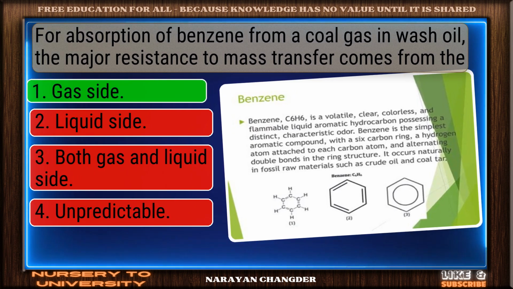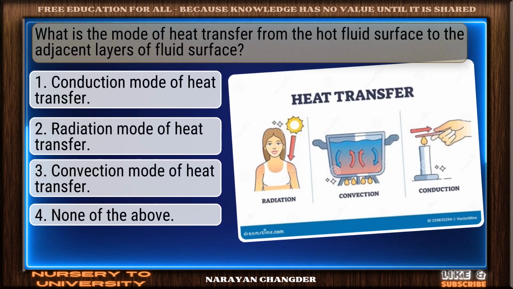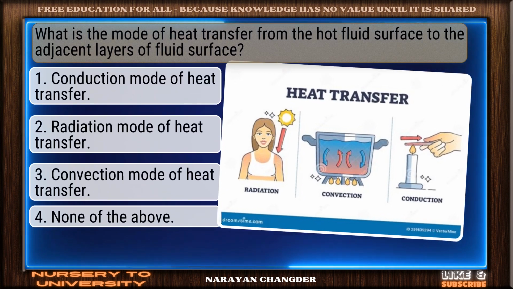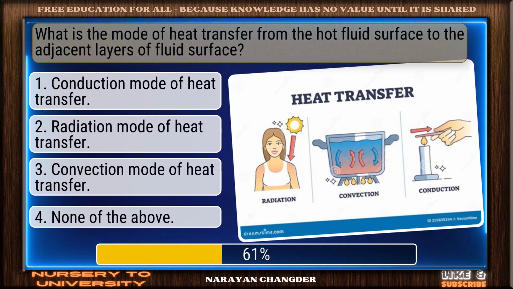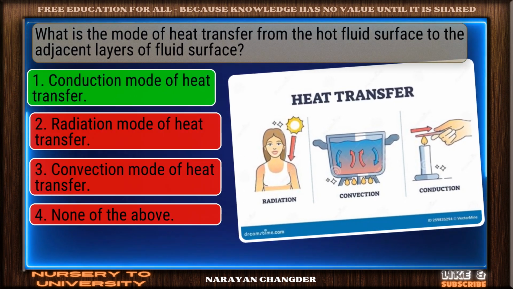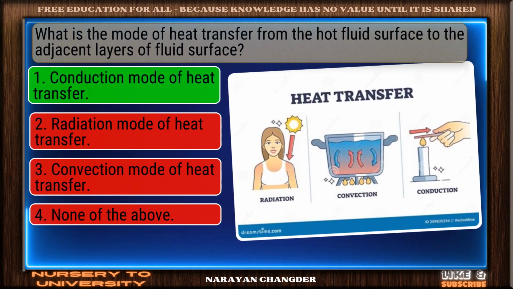Right again. Gas side is a valid answer. What is the mode of heat transfer from the hot fluid surface to the adjacent layers of fluid? Well picked. Conduction mode of heat transfer is the correct answer.